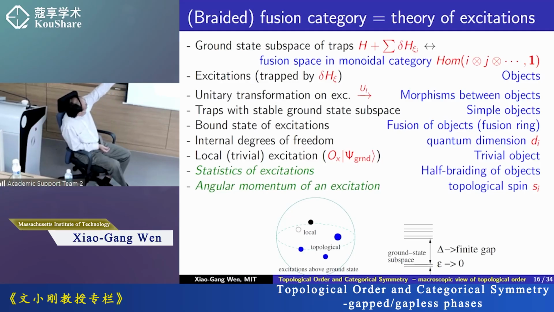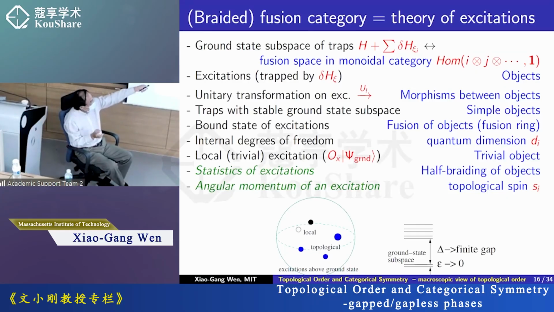The object actually is a trap. The object is delta H, or to be more precise, the equivalence class of delta H. And the morphism is really a unitary transformation. This unitary transformation means like an adiabatic change of delta H. We change delta H adiabatically, and the ground state subspace rotates, related by a unitary matrix, and this unitary matrix is a morphism.